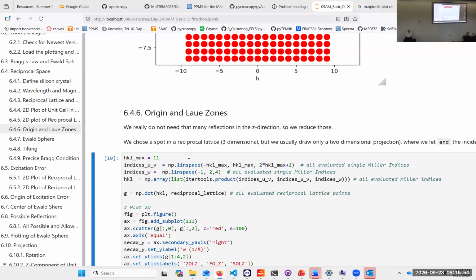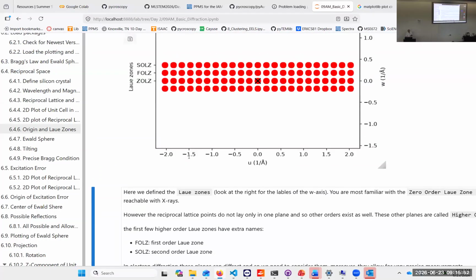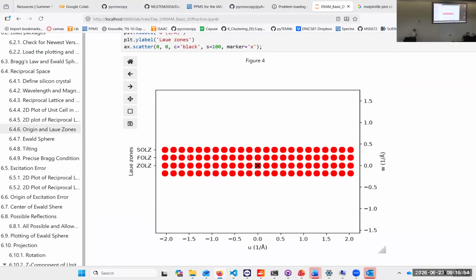And we have an origin on that, so we just define one at 0. And because this is electron diffraction, we have not only the 0 order Laue zone, so that is the plane in which the origin of the reciprocal lattice lies.